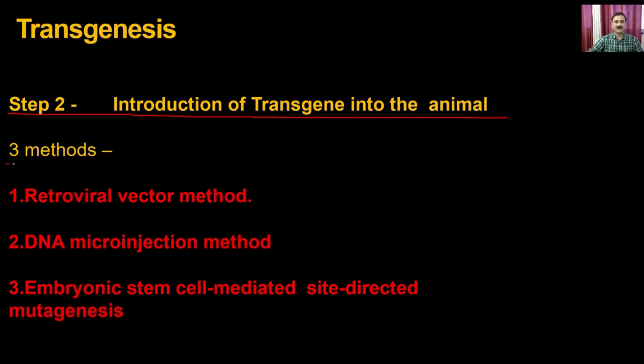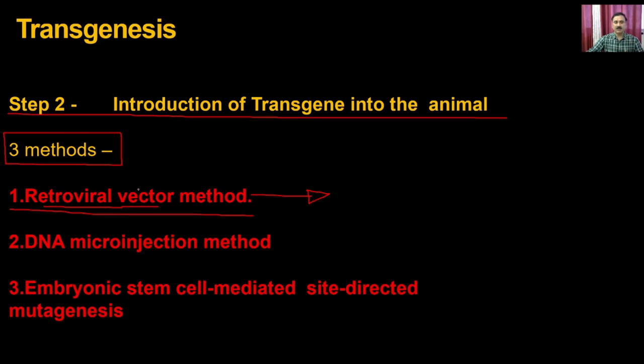So there are 3 methods through which you can introduce the transgene into an animal. One is the retroviral vector based, which means you are going to clone the transgene into a retroviral vector. So retroviral means the viral based vectors. And then you have to take the animal and give the infection with this particular type of viral particles.